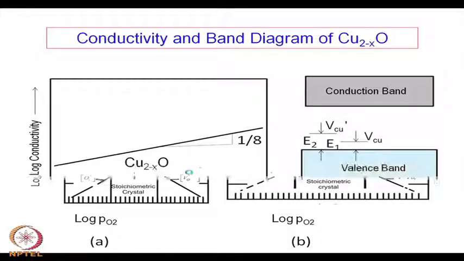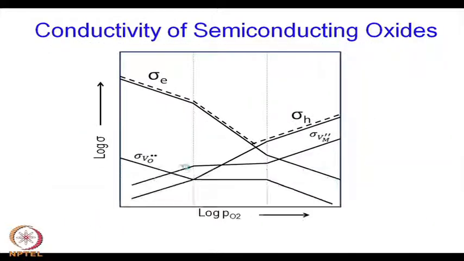So, in this diagram, that particular portion is missing, there is no intrinsic region, that means it goes from negative to positive directly. These lower concentrations are not immaterial to us, although some plots have been made and calculations can be done, but in reality the highest concentration dominates, and whatever conductivity we get is because of these highest concentrations and not the lower concentrations. So, that also needs to be remembered.